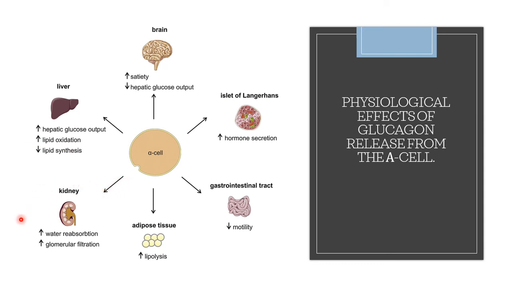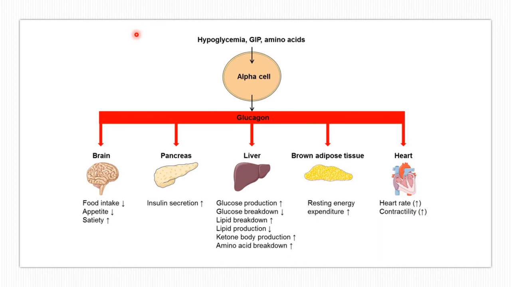In the kidney, it increases water reabsorption and glomerular filtration. In the adipose tissue, again, it has a catabolic effect. It increases the lipolysis. In the GIT, it decreases motility. And in the islets of Langerhans, it increases the hormone secretion.